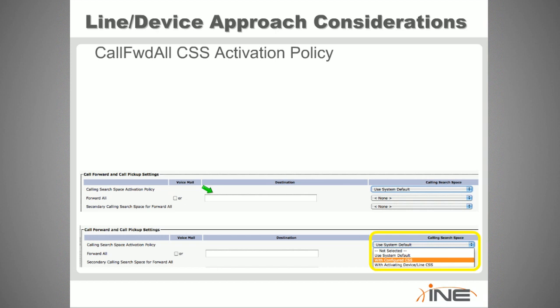Because then when someone goes to press the soft key for call forward all on their phone, the one call forward option that almost everyone primarily has control over, you could take that away as well.